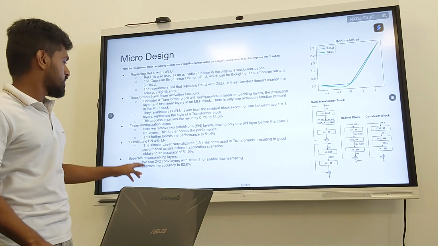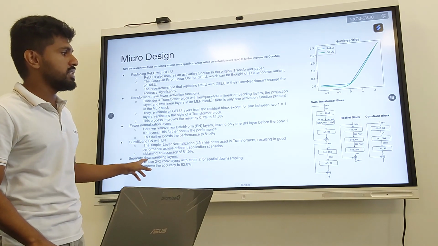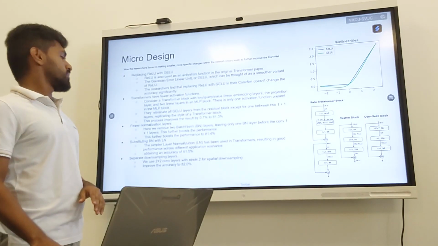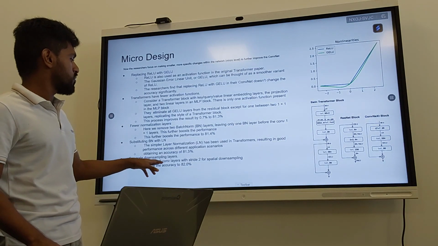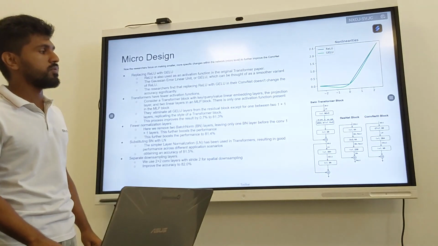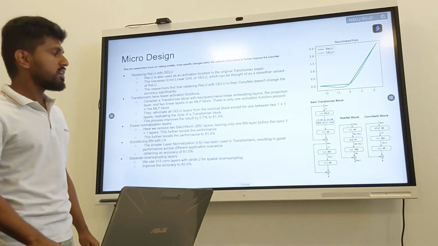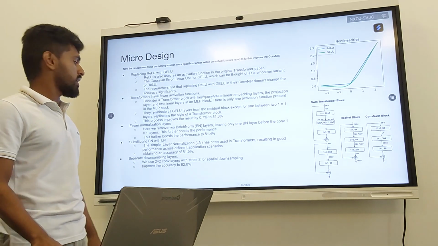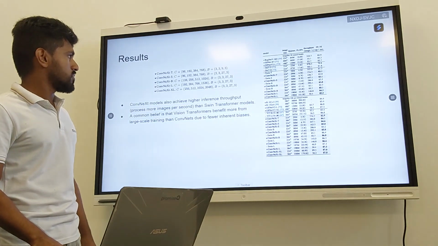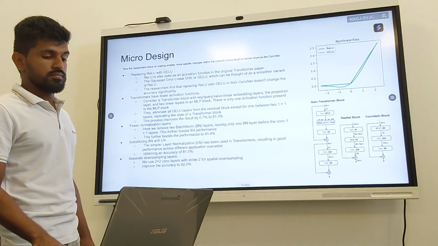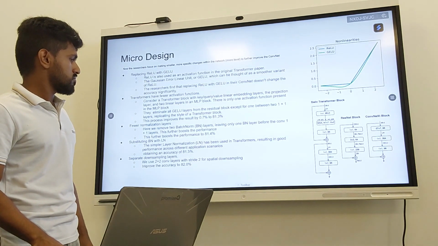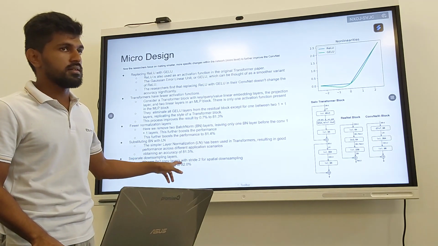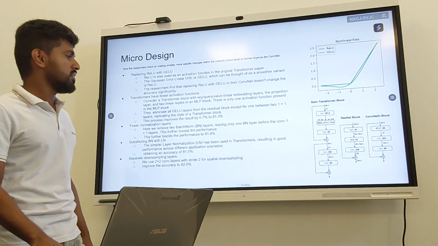Then for the downsampling, after this kind of block, we have to downsample the input resolution. They use a 2x2 convolution layer with stride 2 for downsampling, which is a separate layer. Because of that, they improved the accuracy to 82, and with that they surpassed the Swin transformer accuracy.